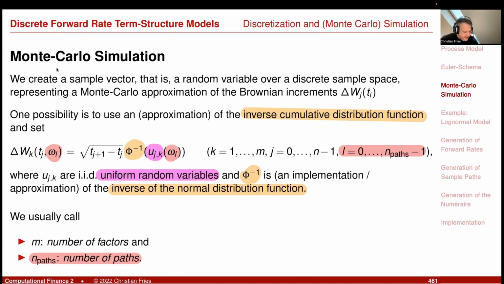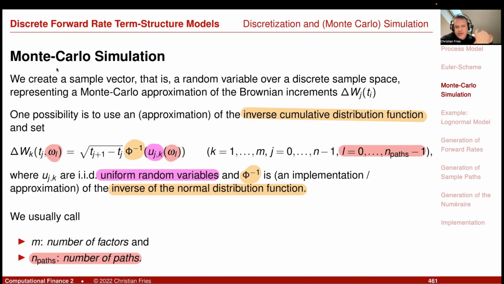So think that you have 100 time steps or even more. You have 5 factors, so these are 500 entries in this vector. So this is a 500-dimensional uniform distributed random variable that we are sampling here.